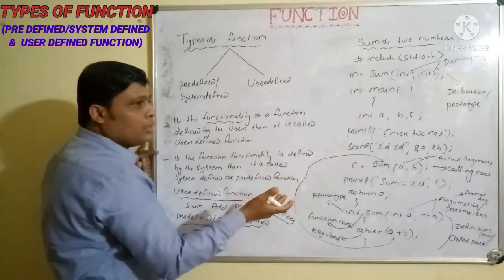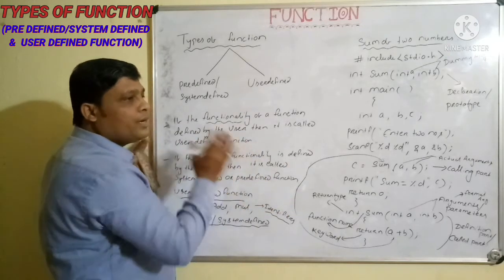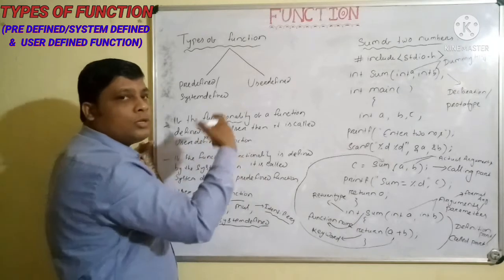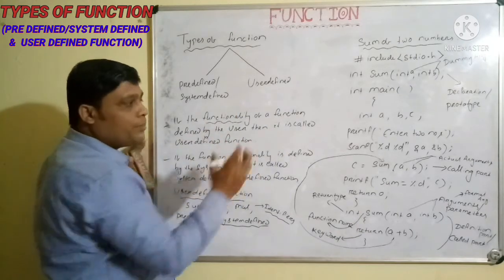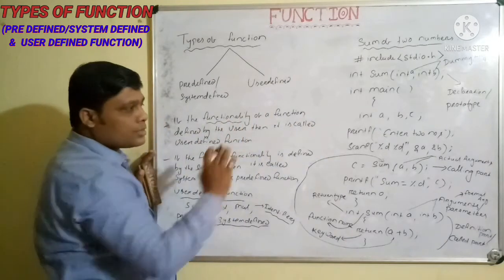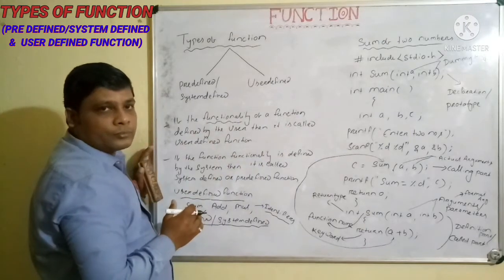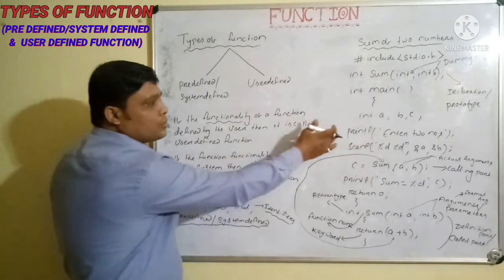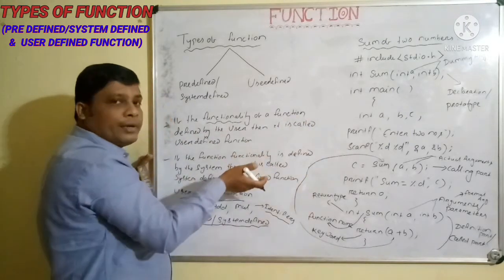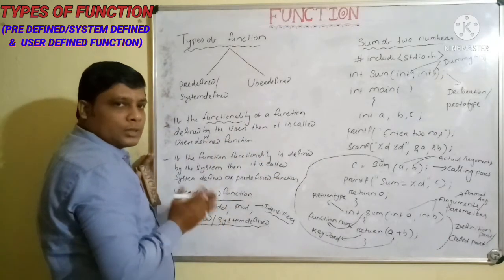When a compiler is designed, at that time some functions are written to do specific works. Like printf is written to print something. The scanf function is written to input something. Clear? So these functions are already predefined at the time of designing the compilers.